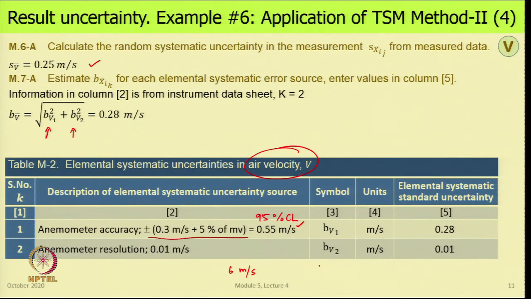So, this is BV1 bar. Then anemometer resolution is 0.01 meters per second. So, BV2 bar is 0.01. So, we put these values over there and our systematic standard uncertainty in velocity BV bar is 0.28 meters per second. So, we got both random and systematic standard uncertainties for velocity.